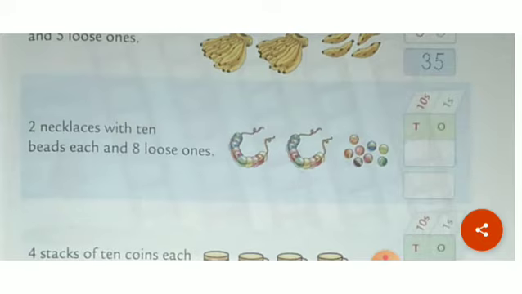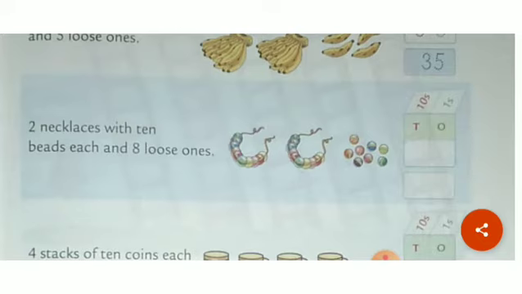See the example of necklaces. 2 necklaces with 10 beads each and 8 loose ones. Here these 2 necklaces have 2 tens of beads. Each necklace has 10 beads. This way 2 necklaces are given. That's why we will write this count on tens place.